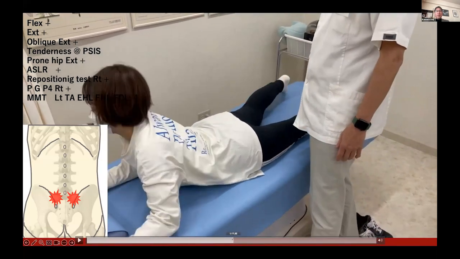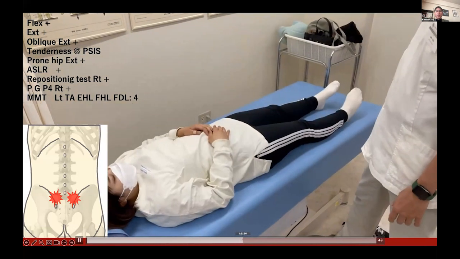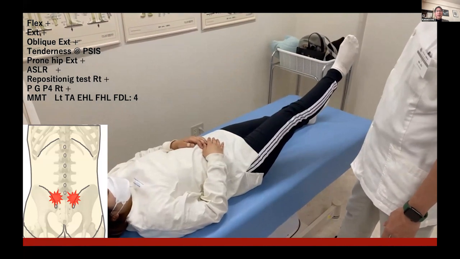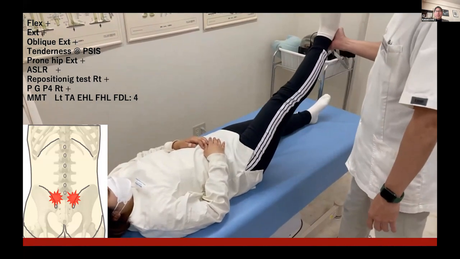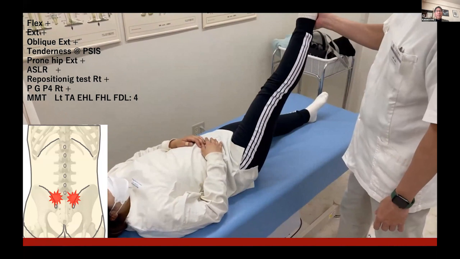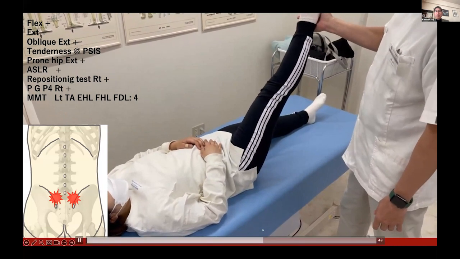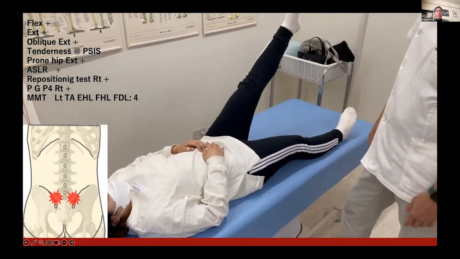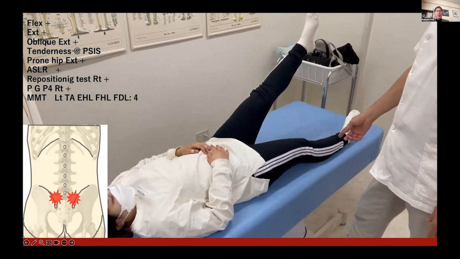Next, SLR testing of the lower extremities also elicits low back pain. The SLR test is positive. In a passive manner, she doesn't feel pain. And the left side is not painful.